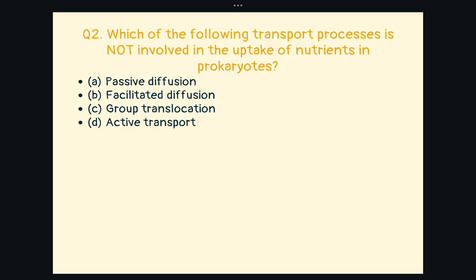The correct answer to this question is passive diffusion, because prokaryotic cells have rigid cell walls and membranes that do not allow many nutrients to just diffuse in freely. Only very small molecules like oxygen, carbon dioxide, or water can do that. For actual nutrient uptake, they rely more on facilitated diffusion. So the correct answer is passive diffusion.